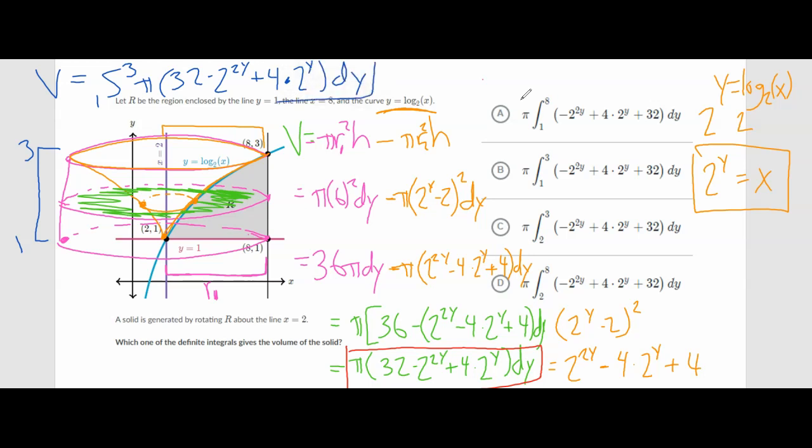And let's hope it matches. Well, strictly based off of limits of integration, we know that it's B, but let's make sure everything else matches. 32 is positive, negative 2 to the power of 2y is negative, and 4 times 2 to the y is positive. So our answer choice is B.